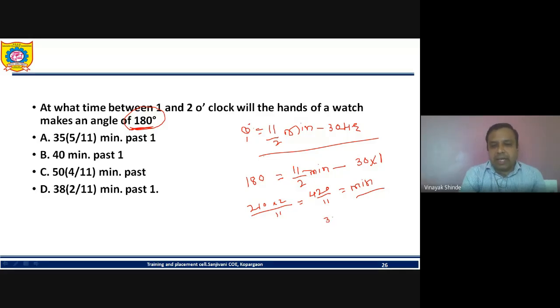It is 38, since 11 threes are 33. Then we have 8 into 2 by 11. Means option D is right. 38 into 2 by 11 is the right answer.